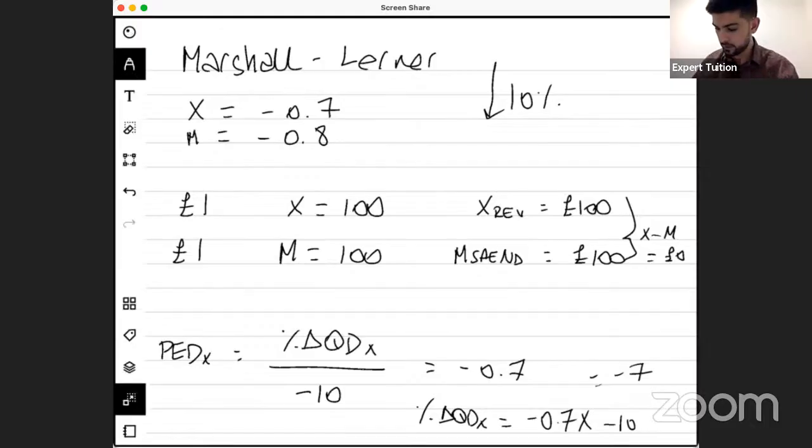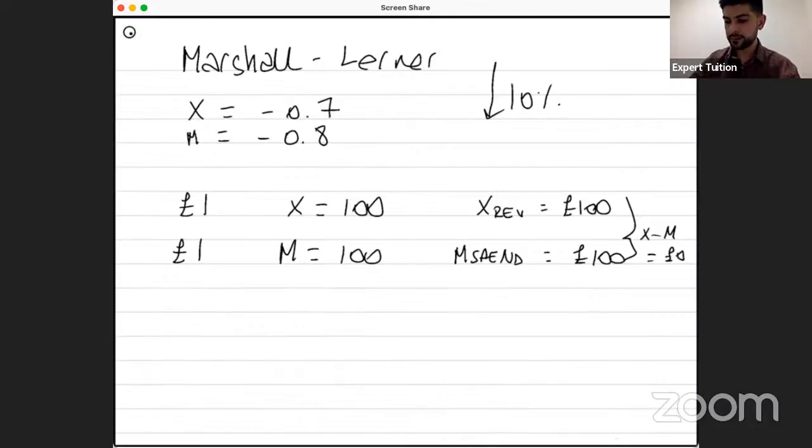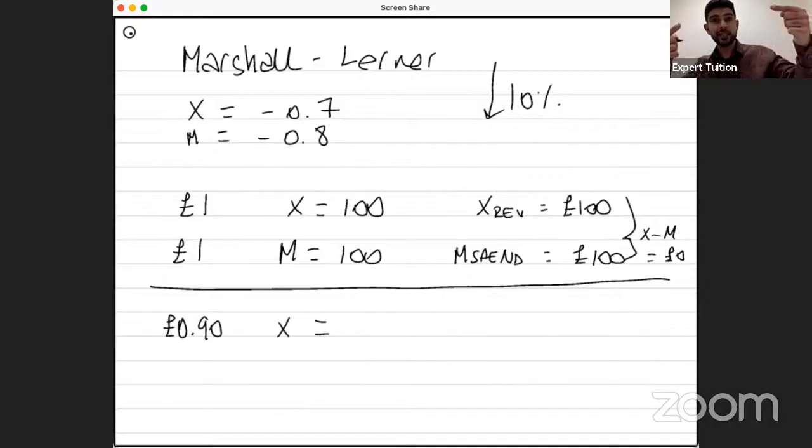Right, let me rub out what I've done over here, and let's work out what that means in numbers. Do you guys agree that when the pound depreciates by 10%, my exports are no longer worth £1? They're now worth 10% less. They're worth 90p. Is that fair? And how many units do I export? Well, I just said I get a 7% increase in my export demand. I used to export 100.